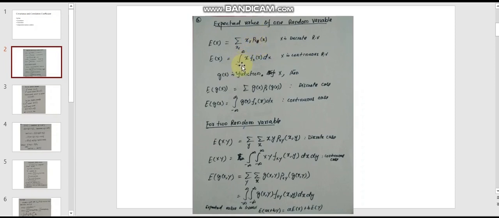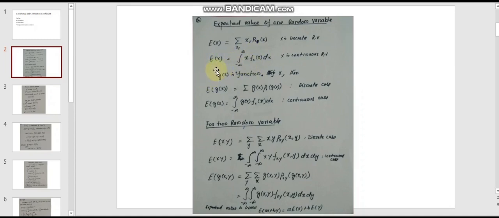In the continuous random variable case, the expected value of x can be described by integrating the product of the value x and f sub x, the probability density function of random variable x, from minus infinity to infinity. We'll get the expected value of random variable x.